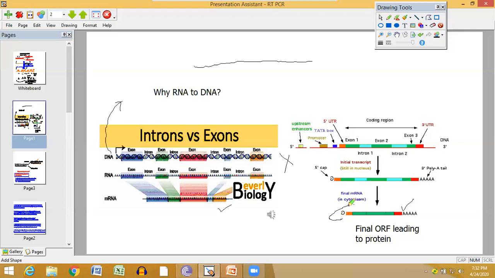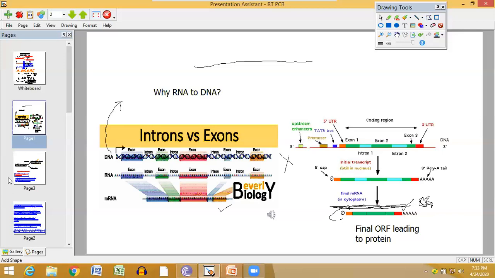If you do the PCR and go reverse, you'll have the gene which will only have the coding sequence. That's why, especially when you clone a eukaryotic gene or eukaryotic DNA, it's always better to start the PCR from RNA. So we go for reverse transcriptase PCR.